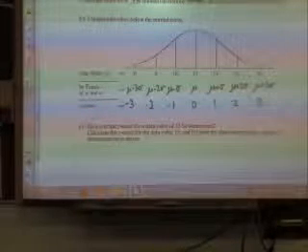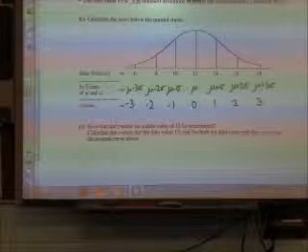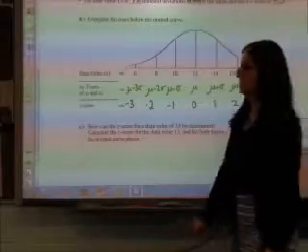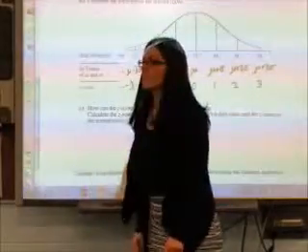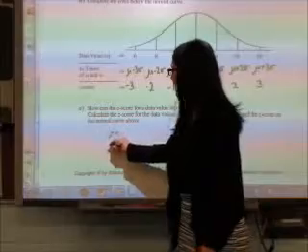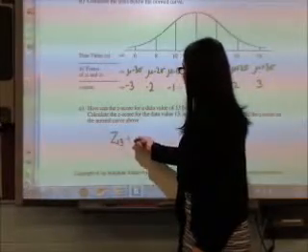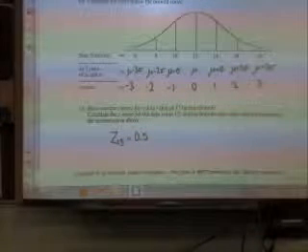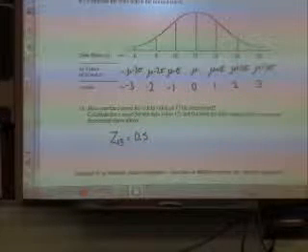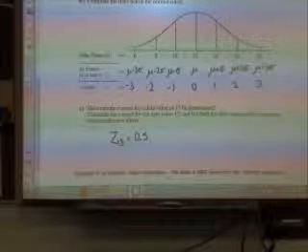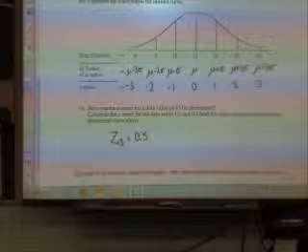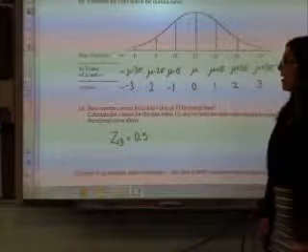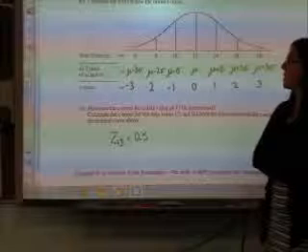So with that information, how can I calculate a z-score for 13? Well, the z-score for 13 would be 0.5. But what if I wanted a z-score for 13 and a half hours? 0.75.